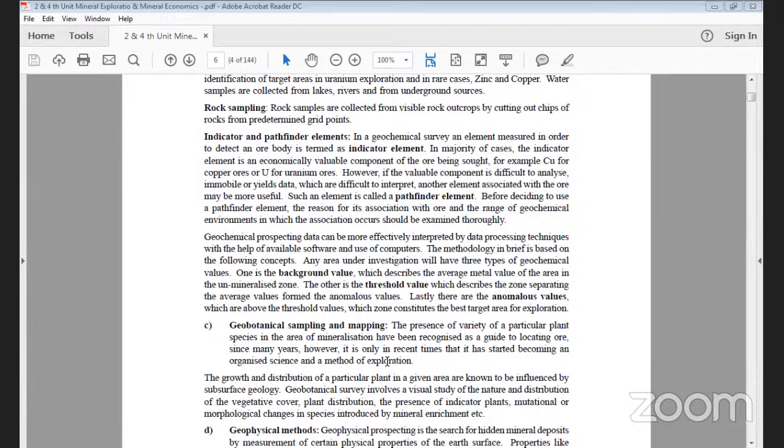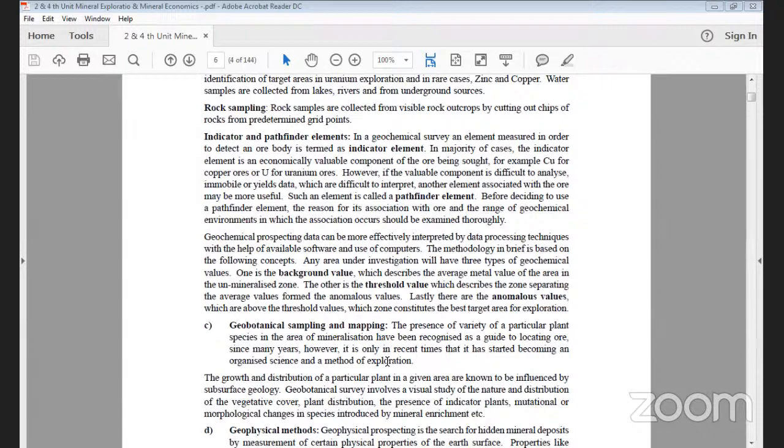Again, one more word: threshold value. The threshold value describes the zone that separates the average values from anomalous values. Here we see the anomalous values also. Anomalous values are points we fix above the background values and above the threshold values.